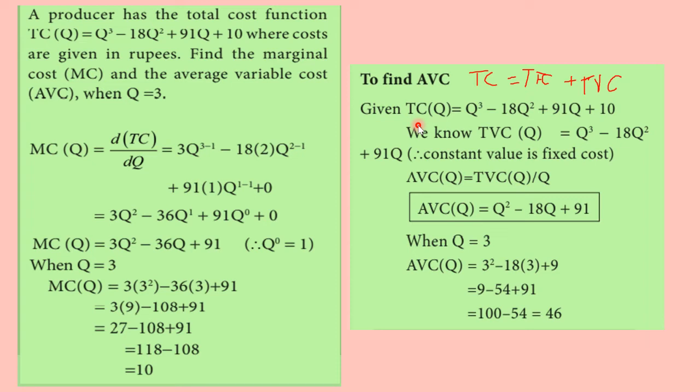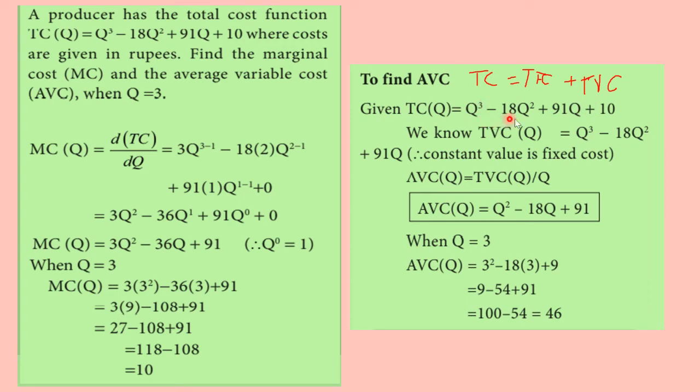The money spent for fixed factors is called fixed cost, and the money spent for variable factors is called variable cost. So total cost is the addition of TFC and TVC. So which is the total fixed cost here? Very good. Q is a variable, so this is the total variable cost.